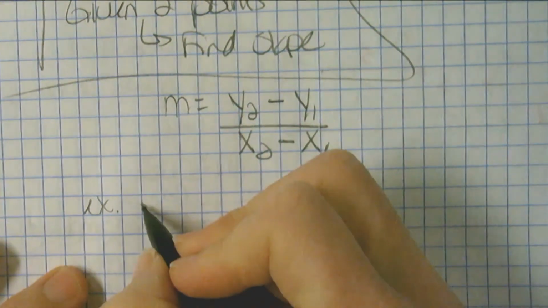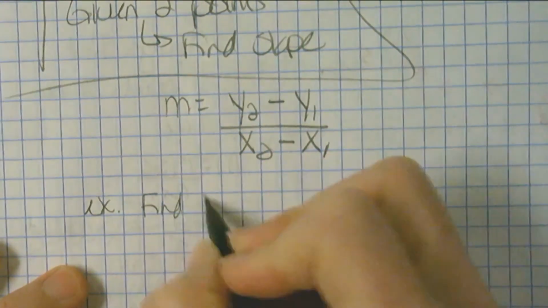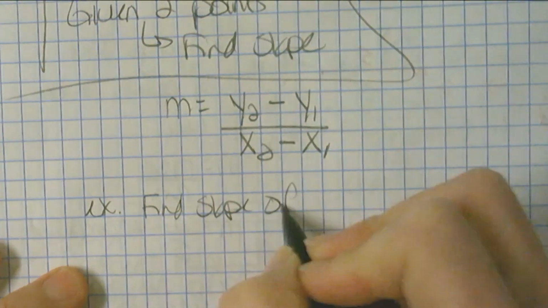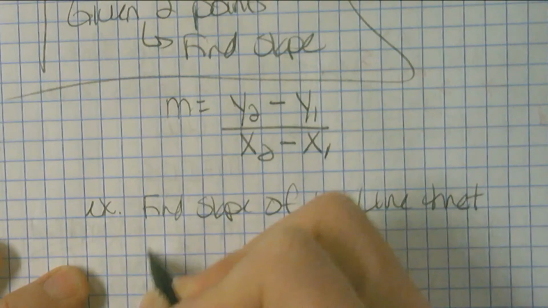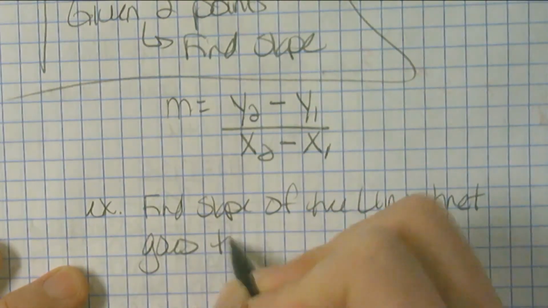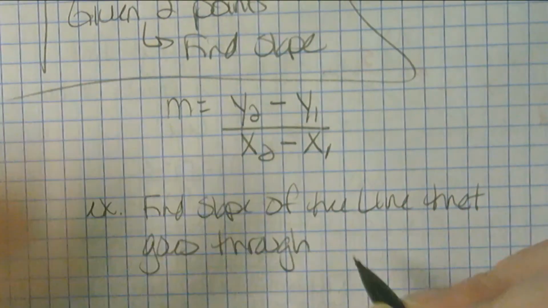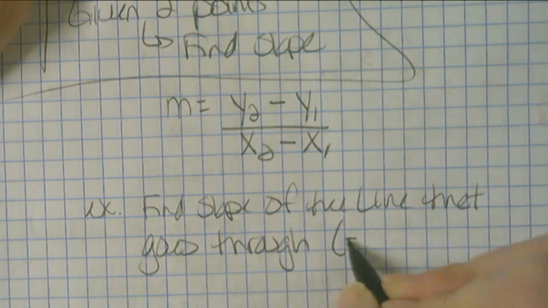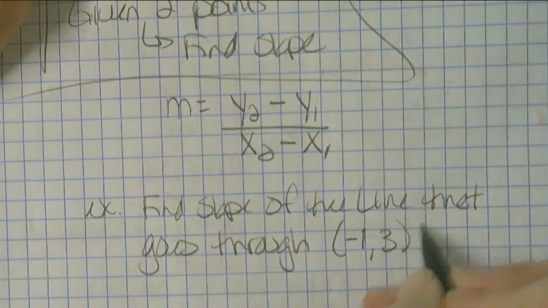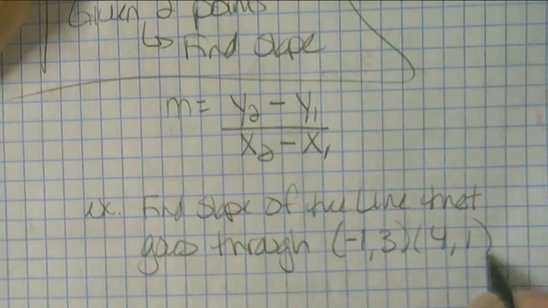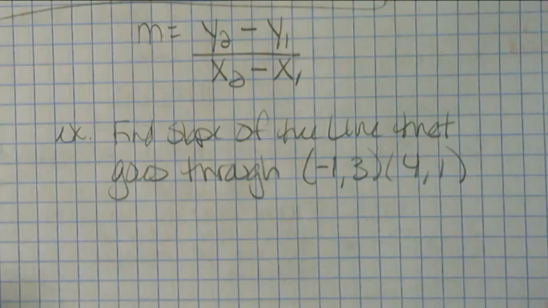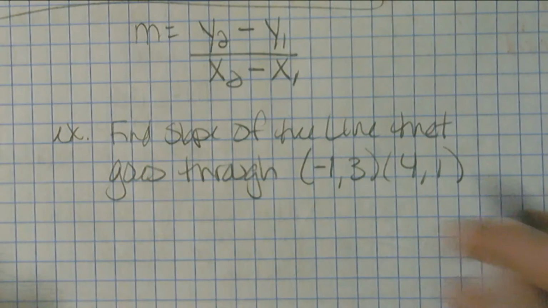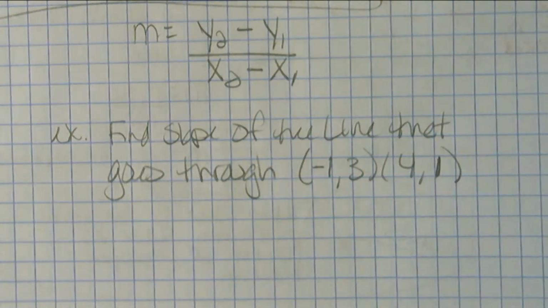So let's say that I want to find the slope of the line that goes through negative 1, 3, and 4, 1. We already know what this slope is because we just found it on the graph. But let's make sure how we can do it if we were just given those 2 points.